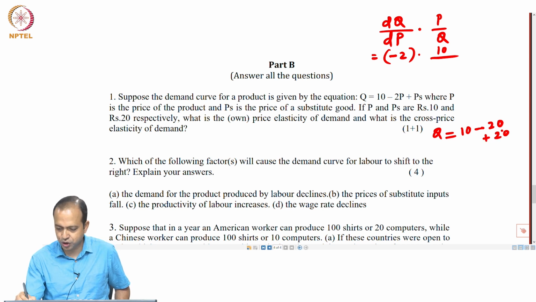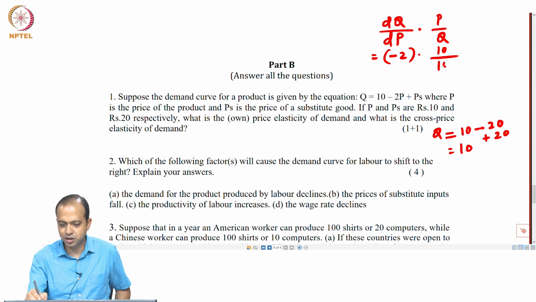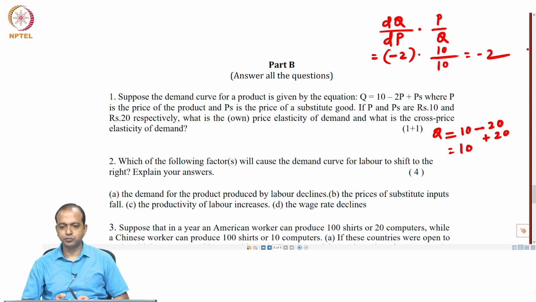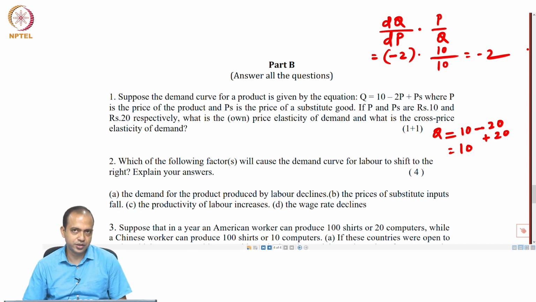PS is also 20. So, minus 20 plus 20 get cancelled. So, this is 10. So, 10 by 10, into minus 2. So, own price elasticity is minus 2, right.